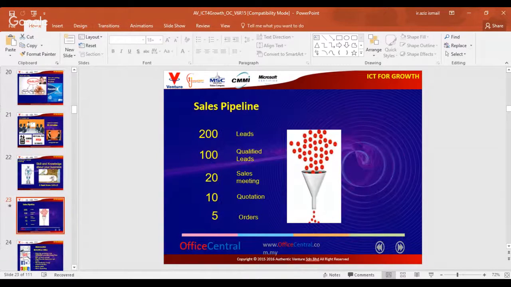Sales pipeline. In this one-page display, you can learn a lot from the sales pipeline concept. If you look at the page, you can see that you start with 200 leads, 100 qualified leads, 20 sales meetings, 10 quotations, and 5 orders.